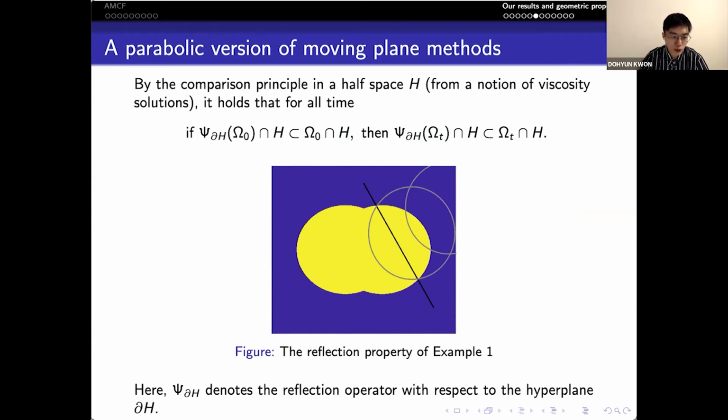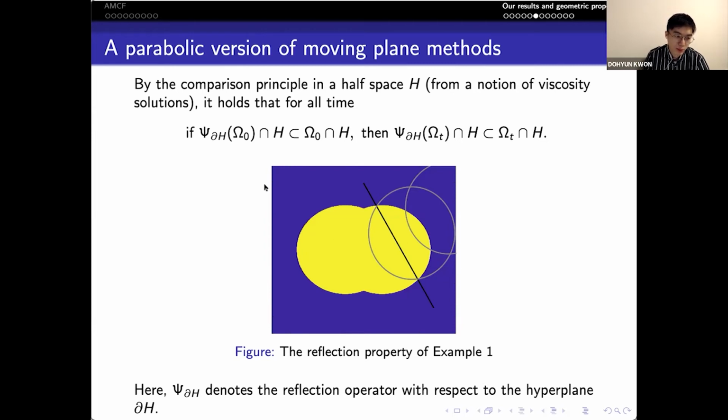And we can rigorously show that if the set satisfies some kind of reflection property, described exactly here, so that the reflected part is contained in the original part, then this property holds for all time.